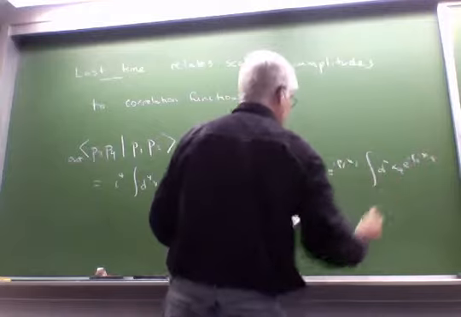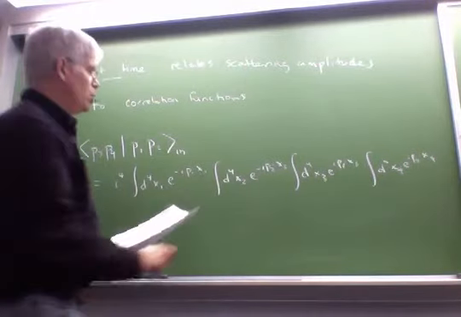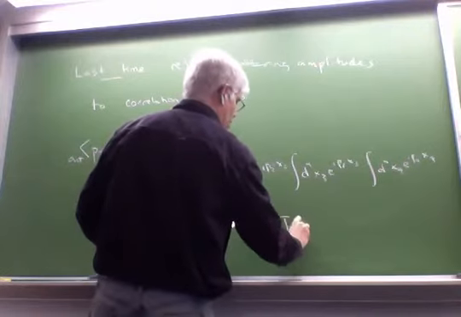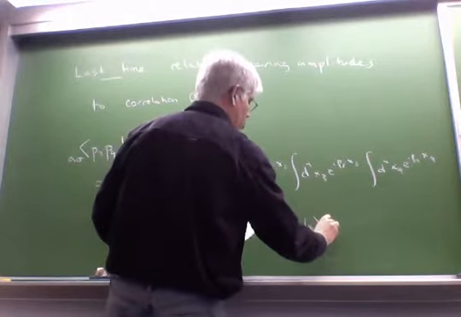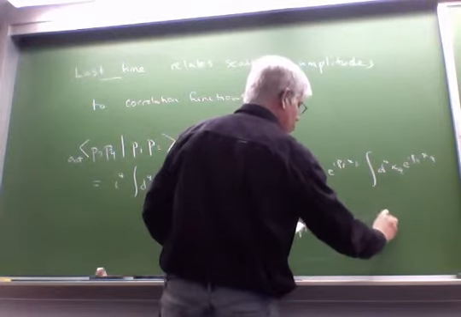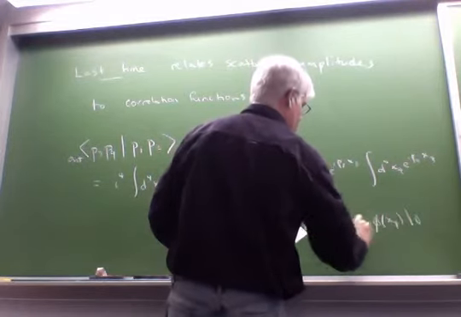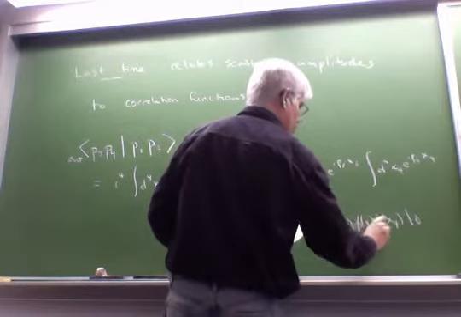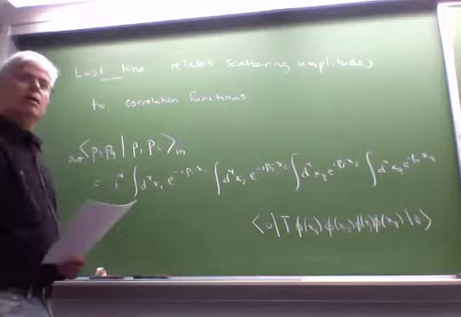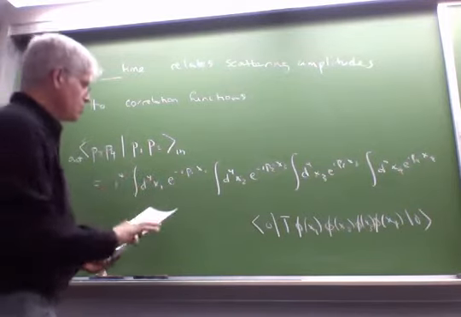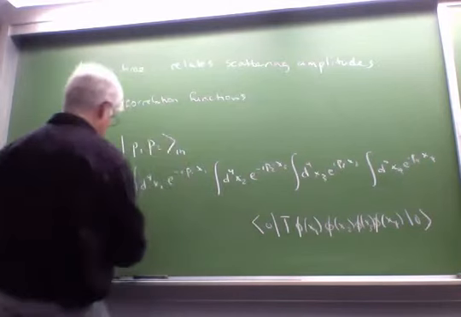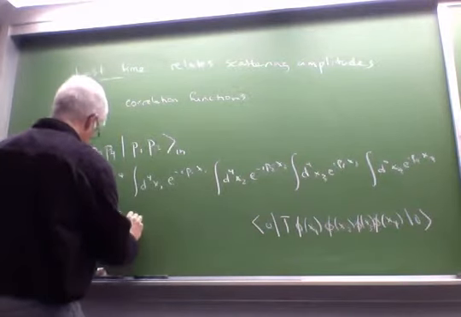And you might hope that the answer would just be a Fourier transform of this 4-point correlation function. Just take this thing involving 4 particles, Fourier transform, and that would give you your scattering amplitude in momentum space. Okay, but it's not. You've got to take this and multiply it by a bunch of Klein-Gordon operators.